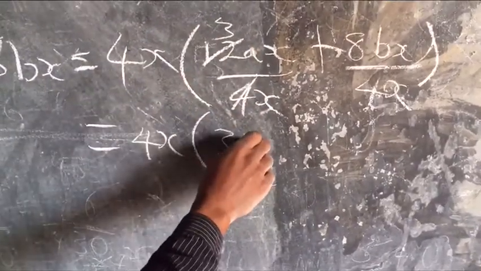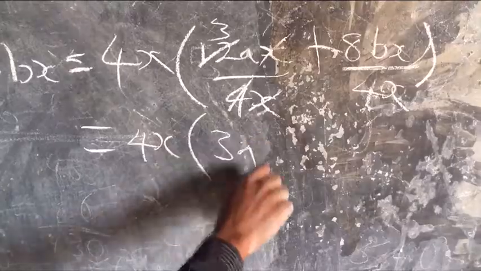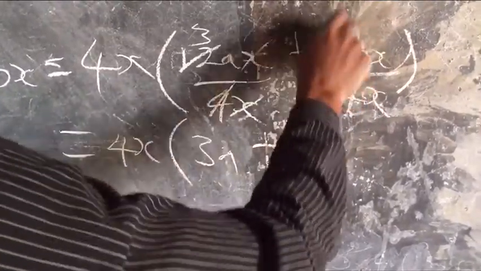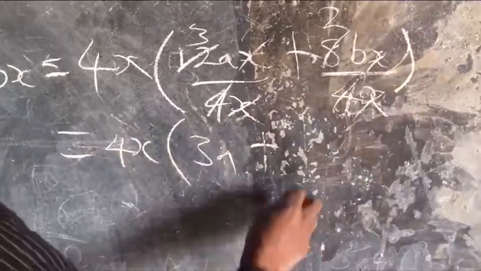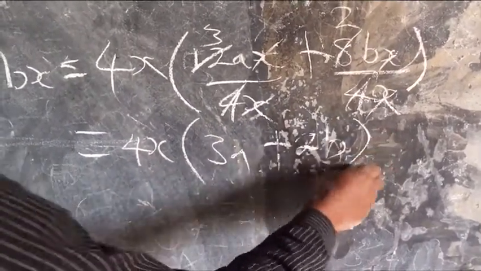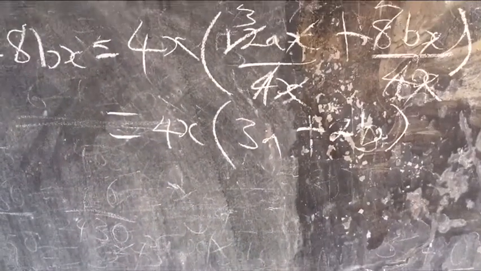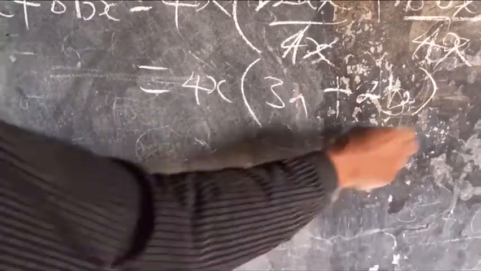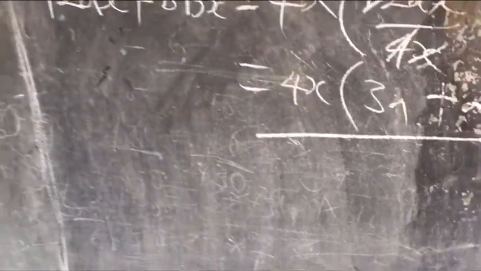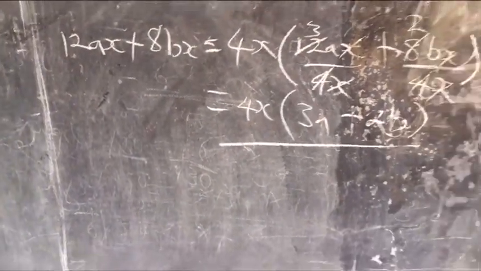So we'll get 3x here, we cancel x, 3a, plus 4 here 1, 4 here 2. X will cancel x, we'll get 2b. So we don't factorize this binomial expression.